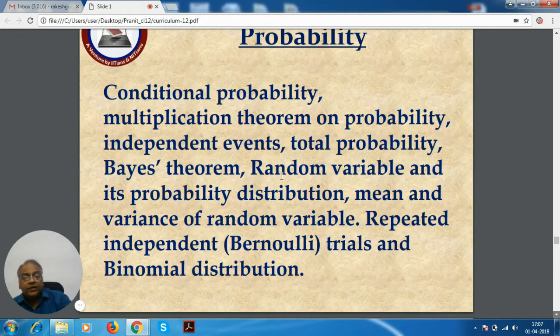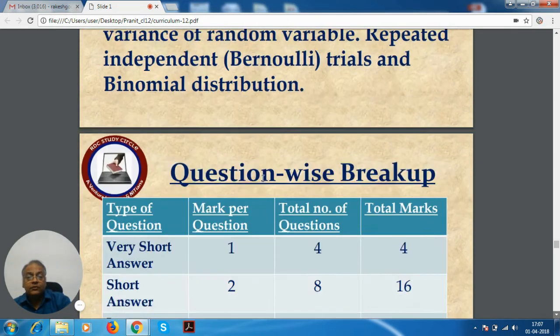After that, you have random variable and its probability distribution, mean and variance of a random variable. There are actually three distributions mainly: binomial, Poisson, and normal distribution. However, in your syllabus, it's only repeated independent Bernoulli trials and only the binomial distribution.